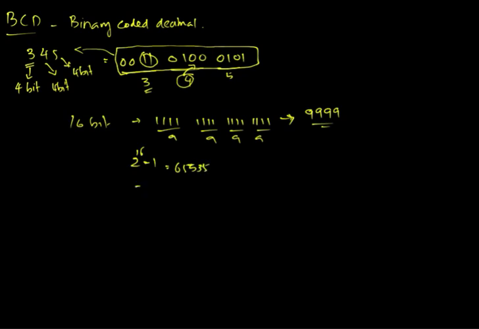Or if you use the sign convention, then it is 2 raised to 15 minus 1, that is, if you are representing a signed number, it will be 32767. So instead of this value, using BCD we can represent only 9999. So the first disadvantage is that BCD uses too much space.